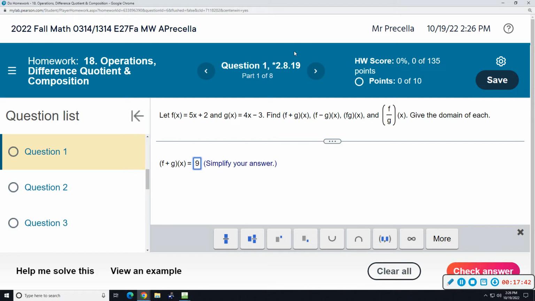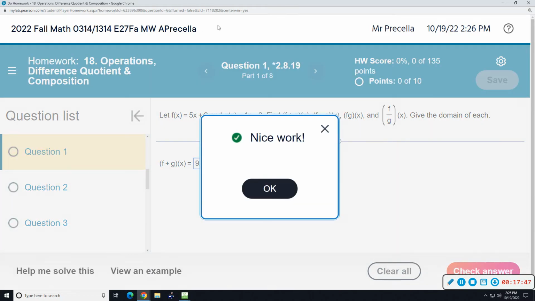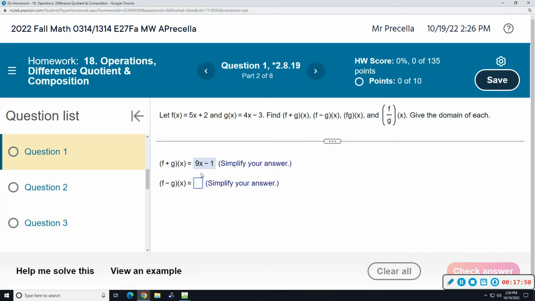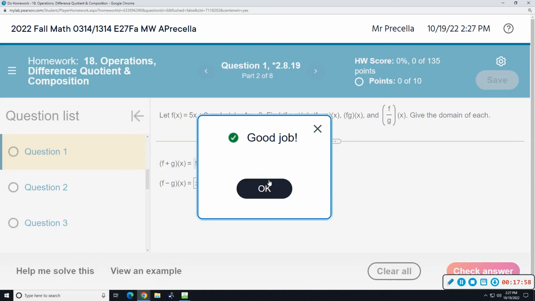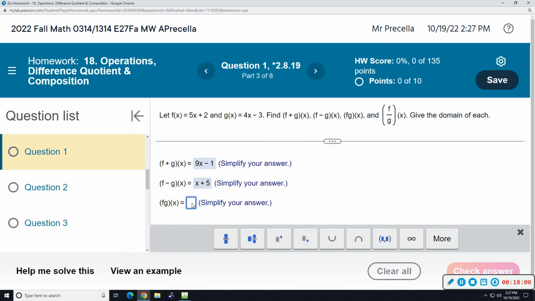Okay, so we had a 9x minus 1. F minus G, that is an x plus 5. F times G, that's a 20x squared, get out of the exponent position, minus 7x minus 6.